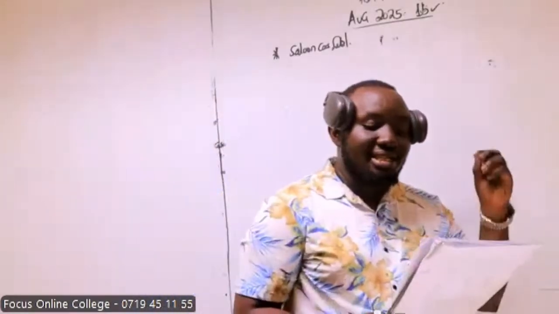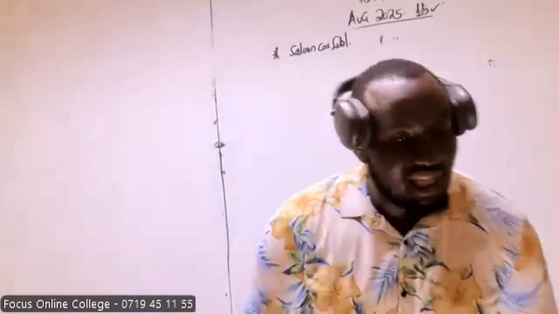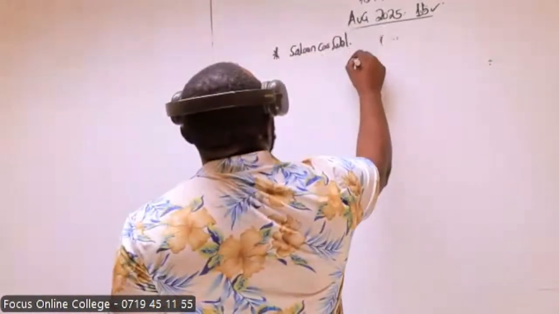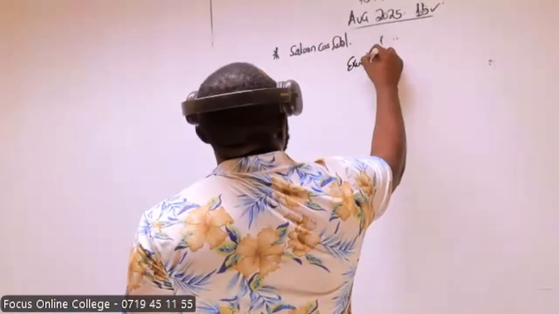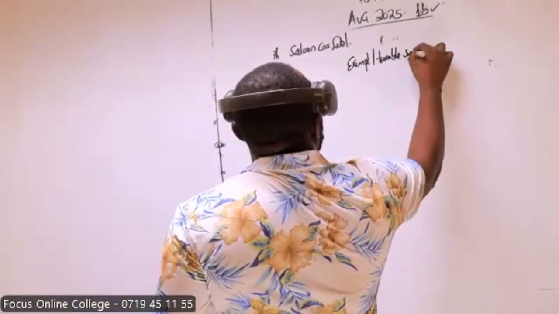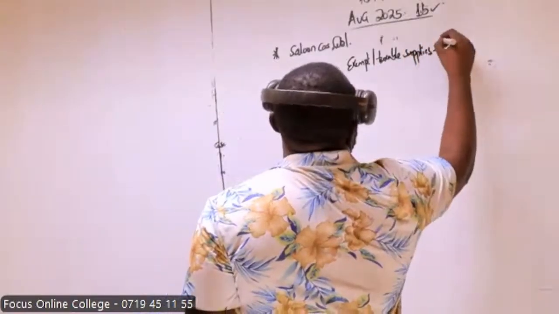Purchase of goods used in both exempt and taxable supplies. The figure is 348. What do you think about that? I'm very much interested in that. That's a very interesting one.